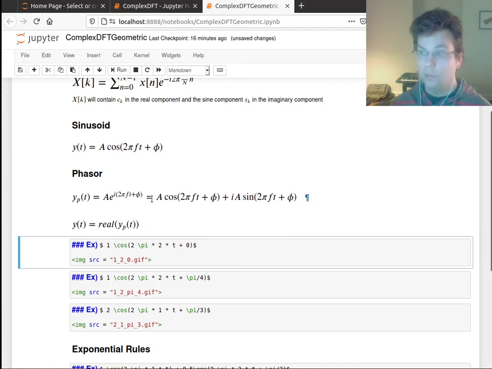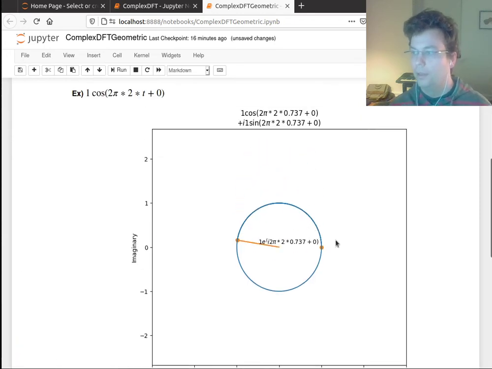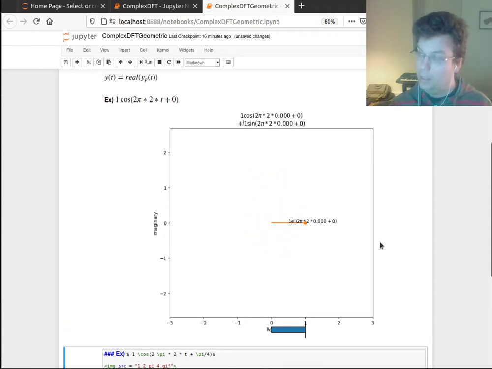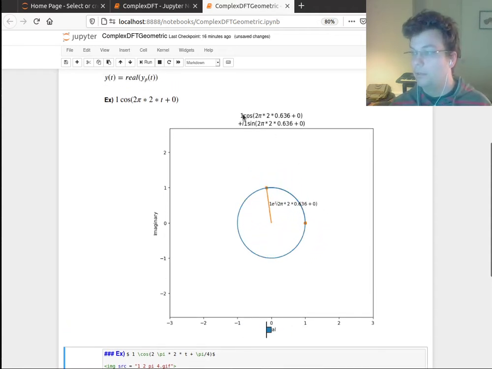So let's plot the trajectory of this phasor on the xy plane as time increases. So let me look at one that has an amplitude of 1, and a frequency of 2 and no phase. What it actually does is it traces a circle, a unit circle in fact. It goes around that circle twice over my interval.